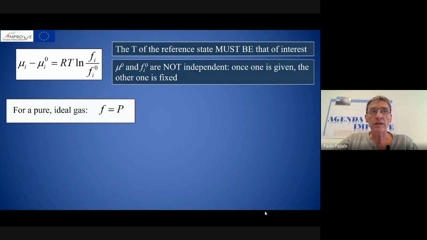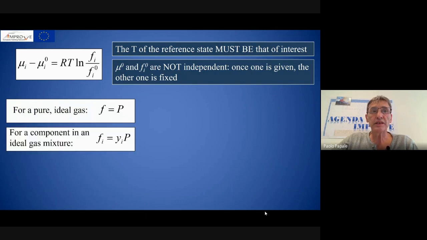Thus, the reference fugacity still relates to a state for which the chemical potential is known. Finally, we have seen that for a pure ideal gas, fugacity corresponds to pressure. For a component in an ideal gas mixture, the fugacity is still equal to the pressure of that component in the gas mixture, that we call the component's partial pressure, and is given by the pressure times the mole fraction of the component. That's all we need to fully define fugacity.